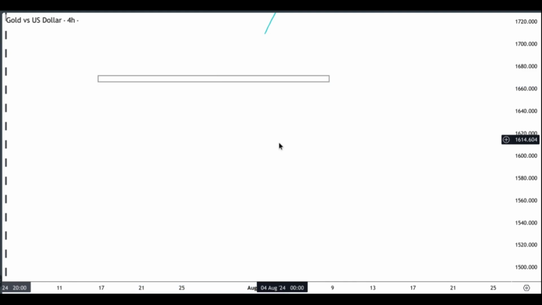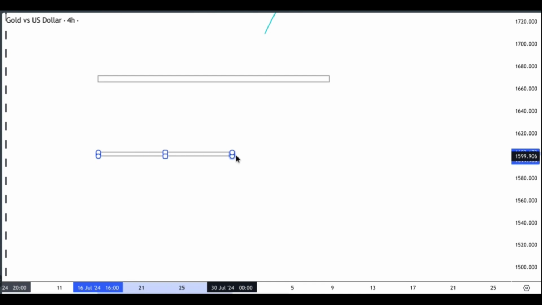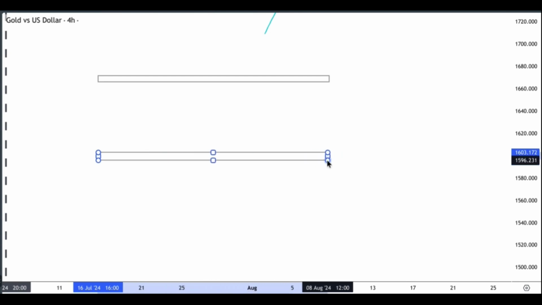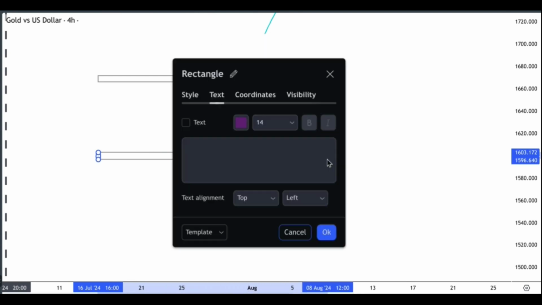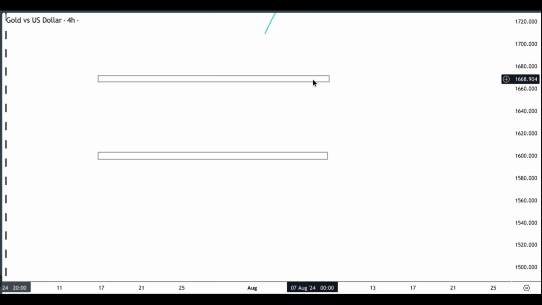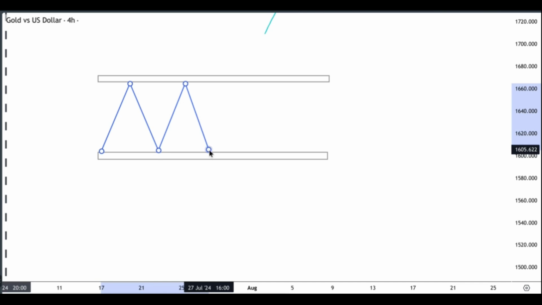That there, and then maybe, okay, this would necessarily be for a ranging market. I think to show for a trending market, let me just show you that for a ranging market first. It moves there, here, here, here, like that.